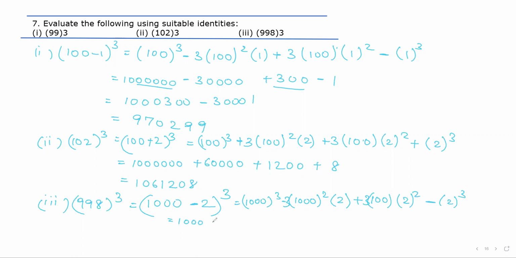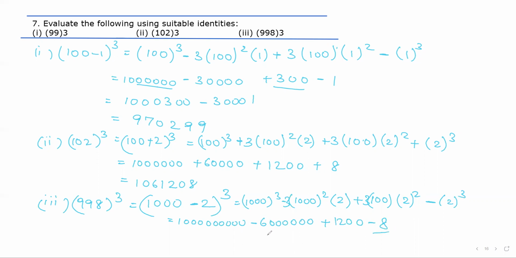3 times 0 thrice, which is 9 zeros, minus 3 into 2 is 6, 6 followed by 6 zeros, plus 2 squared is 4, 4 into 3 is 1200, minus 8.